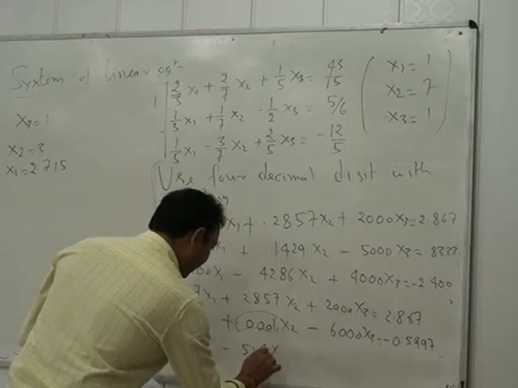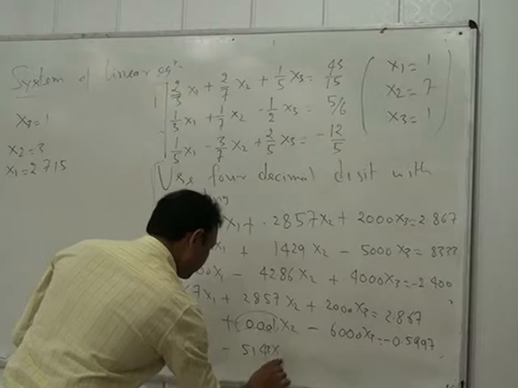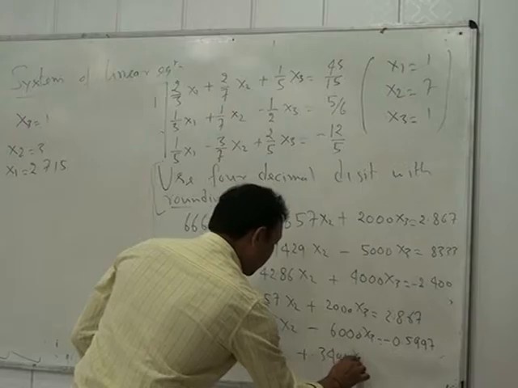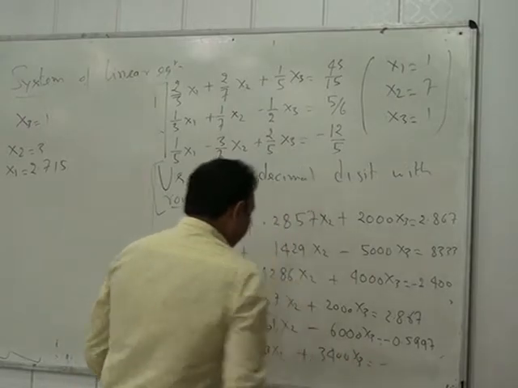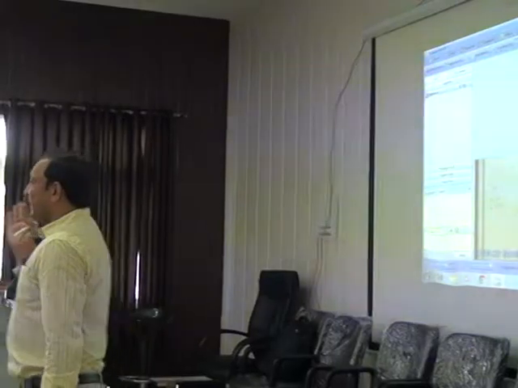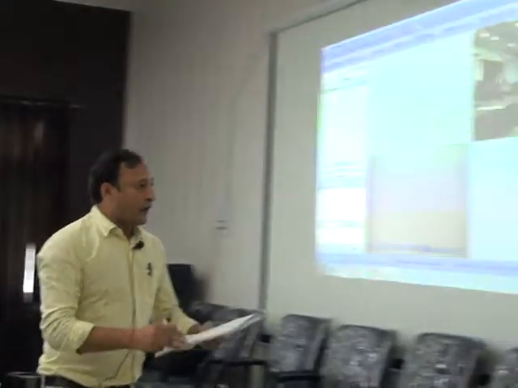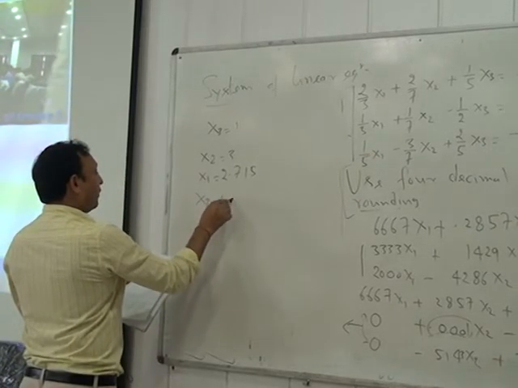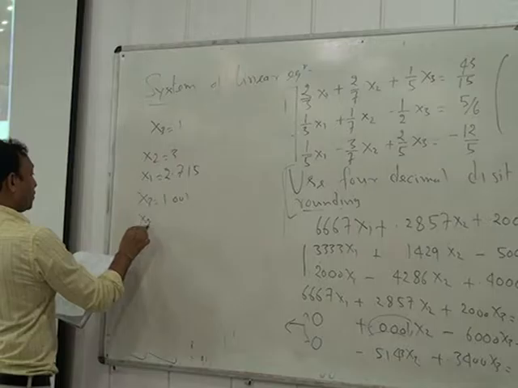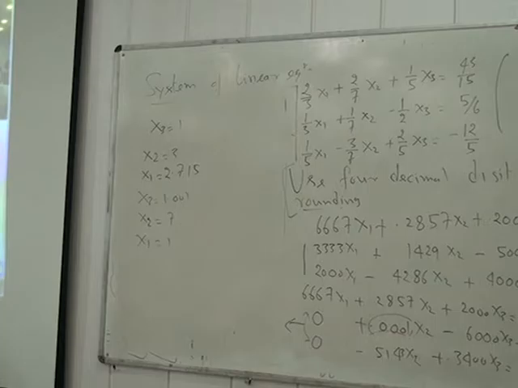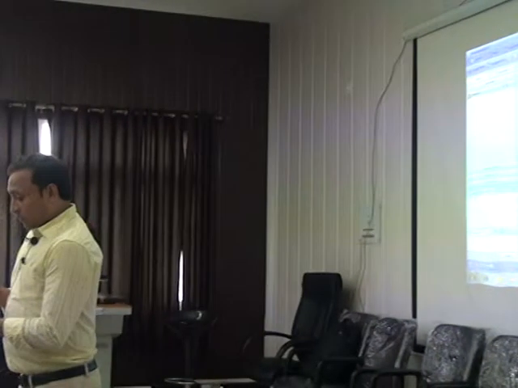This was the previous step. Suppose you would have interchanged here itself, because this number is small. My objective is to avoid the division by a small number. Then you get the answer as x3 as 1.001, x2 as 7, and x1 as 1, which is very close to the answers which you had. So that's what the problem is.